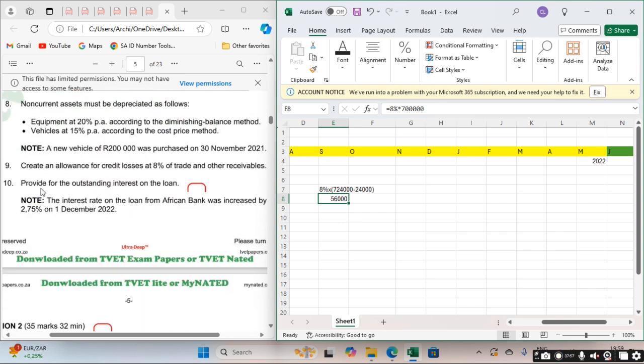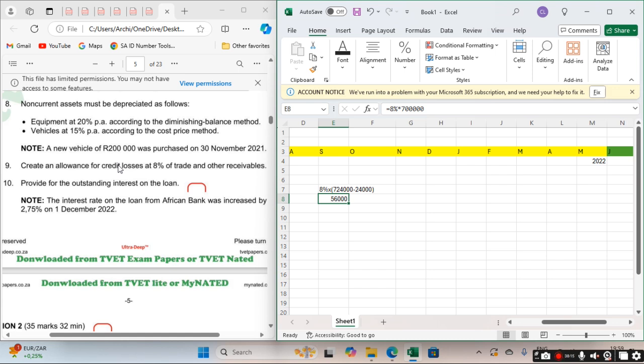So we're calculating allowances for credit losses. This is going to be part of our expenses. Allowances for credit losses can be an expense or an income depending on what the transaction is saying. On this transaction, it's saying we must create an allowance for credit loss.